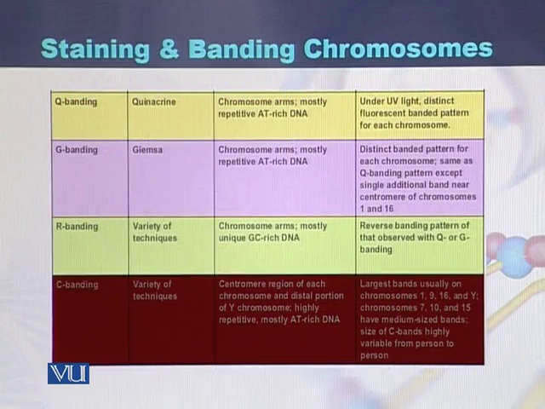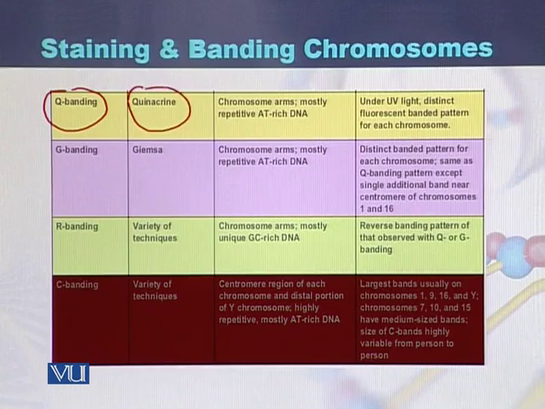As there are 4 different types of banding pattern, the first is Q banding, which is performed with the help of a chemical. The name of that chemical is quinacrine. In case of Q banding, usually the chromosome arms show the banding pattern, which shows that there is an AT rich region.